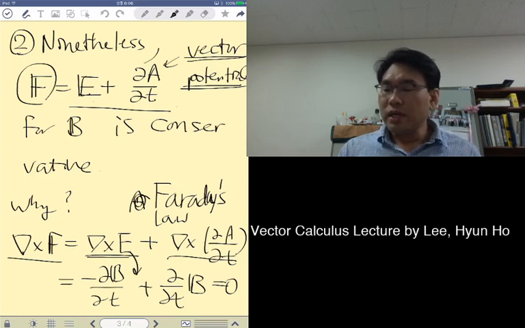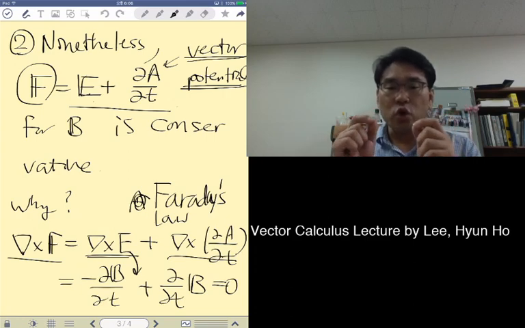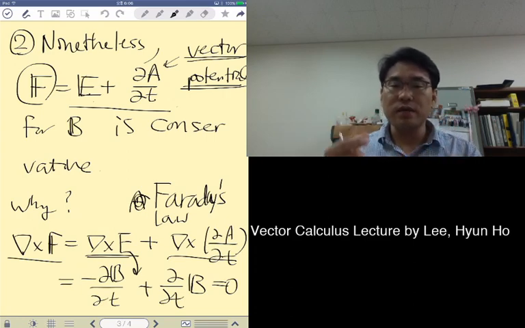If you remember, these two operations, the time derivative and the curl, are commutative.